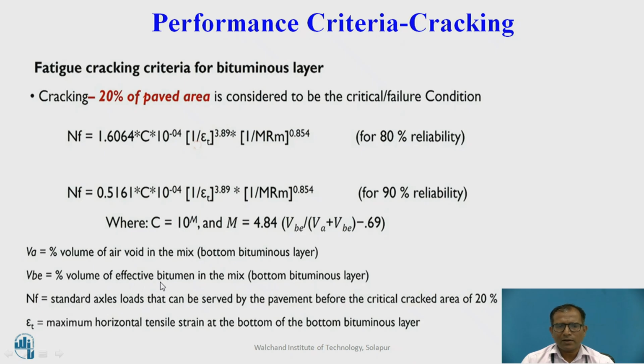These are the parameters we use to calculate the value of M, and once you calculate M, you can calculate C, put it over here, and since NF is known, calculate epsilon T, that is the fatigue strain at the bottom of the bituminous layer. These are the allowable fatigue strains depending upon the layer properties we have considered.